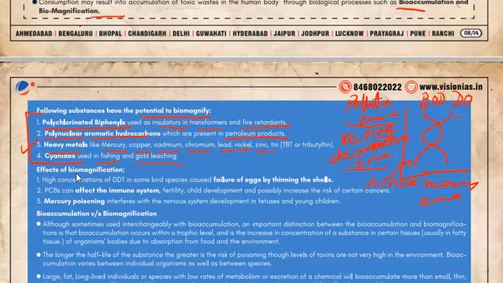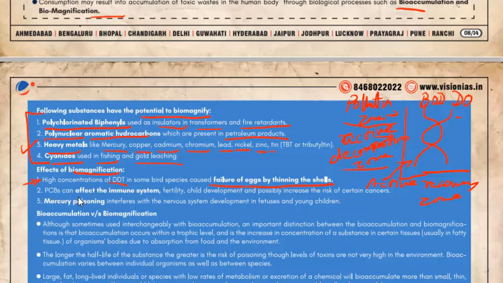Next is the effect of biomagnification. We have already discussed it. High concentration of DDT, which is why it is banned. It is a persistent organic pollutant which biomagnifies. In some bird species it causes failure of eggs by thinning the shells, meaning the baby bird will not be produced because the eggshell is damaged and thin.